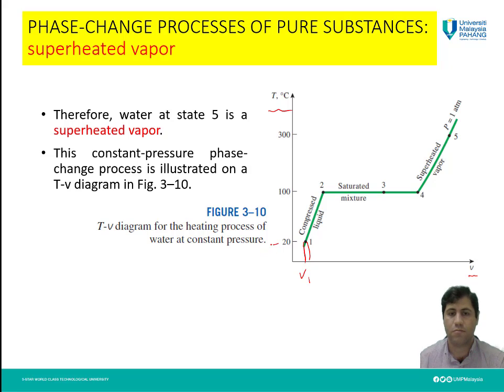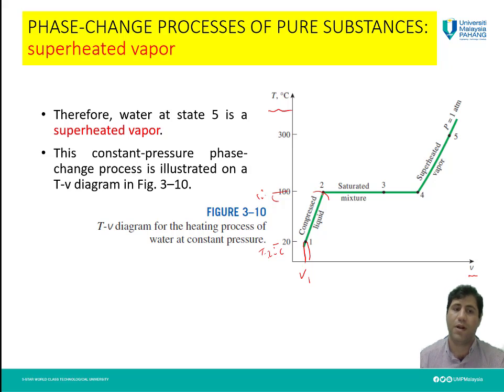Then we increase the temperature. Now you can see here during this phase, still we are in this phase, which is compressed liquid, until it reaches temperature 100 degrees Celsius. During this process 1 to 2, we are increasing the temperature, and we are also increasing the volume, specific volume of the water.